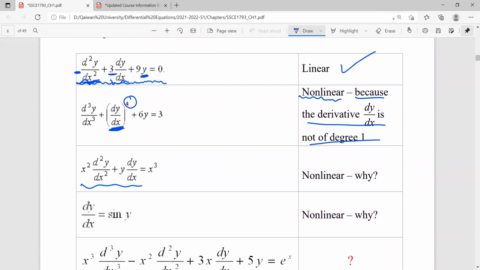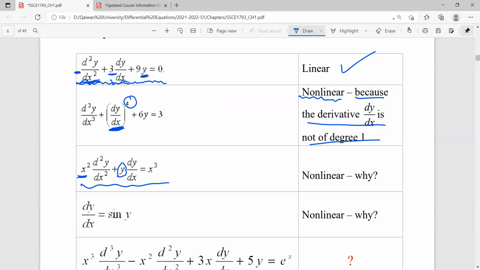This one is not linear. Why? x is okay to be squared. But here the coefficient of this derivative is not the independent variable. It's the dependent variable.